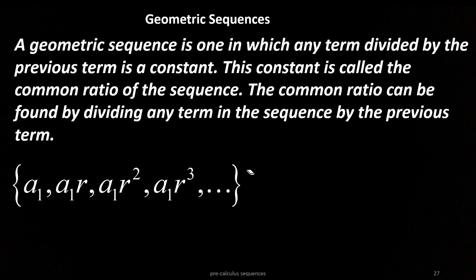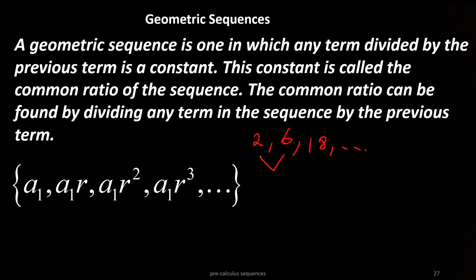And it looks like this. So first term is a1, second is a1 times r, and then a1 times r squared, and eventually you get that formula. Now, let's say I keep multiplying by 3, right? So I get 6, 18, and so forth.